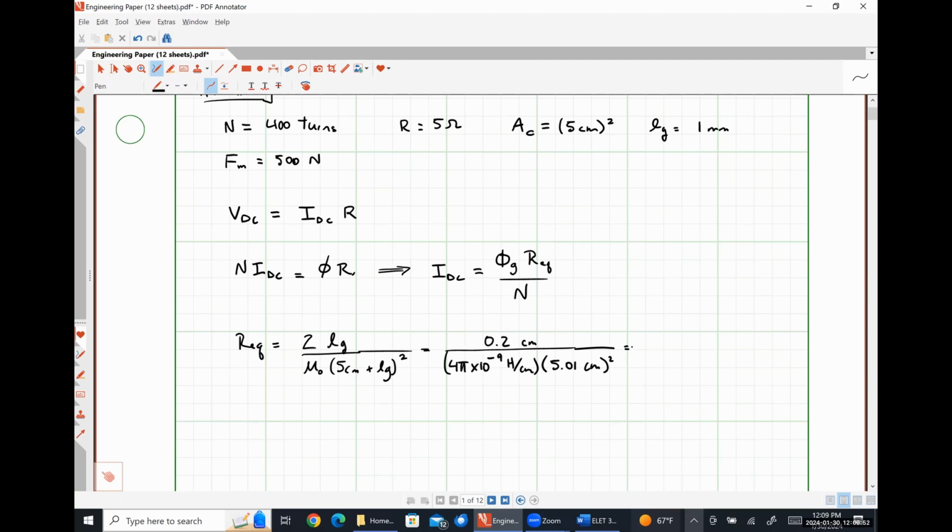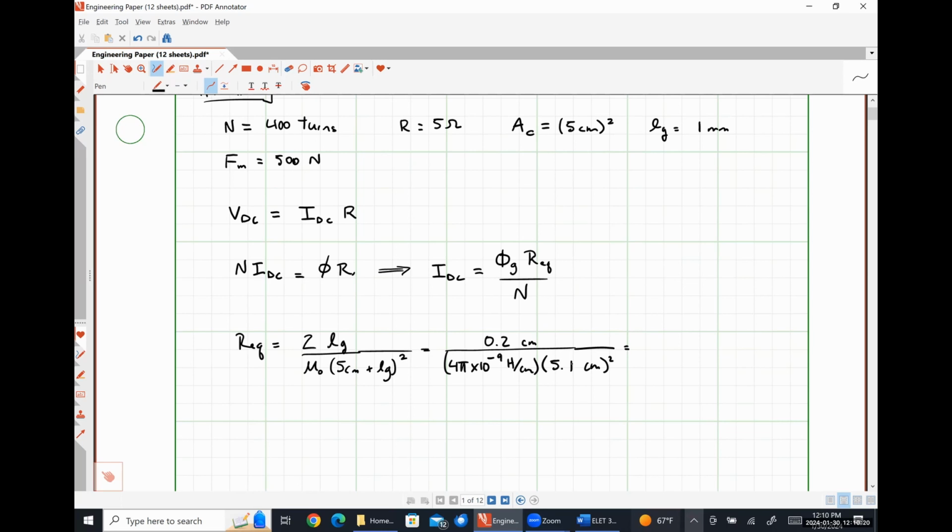If I throw this into my calculator, let me clear all this out. Multiply that by 2. You're right, 5.1 centimeters. Thank you for that, and let me fix that.